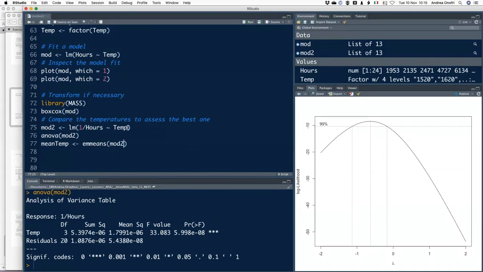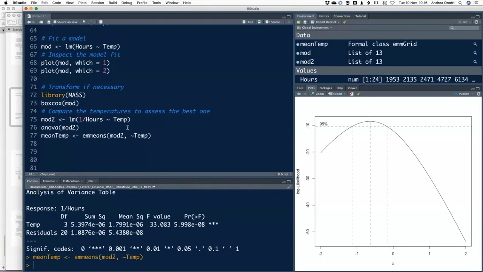Now I do not even need to transform back, because I'm not really interested in the number of hours. I'm just interested in knowing which temperature gives the highest number of hours before failure. And here we go. We see the means.